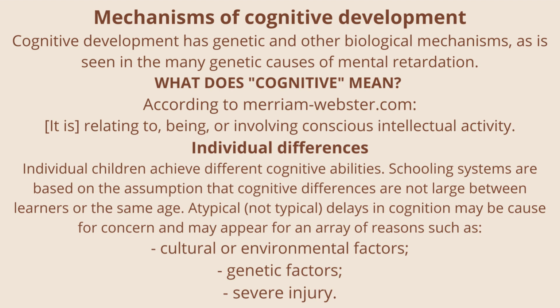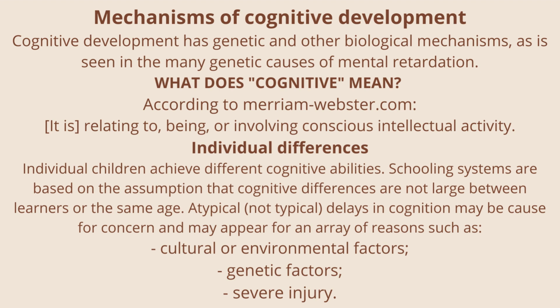Individual differences. Individual children achieve different cognitive abilities. Schooling systems are based on the assumption that cognitive differences are not large between learners of the same age. Hence we group children of the same age starting at a particular grade. You are 5 turning 6 in grade naught, 6 turning 7 in grade 1.